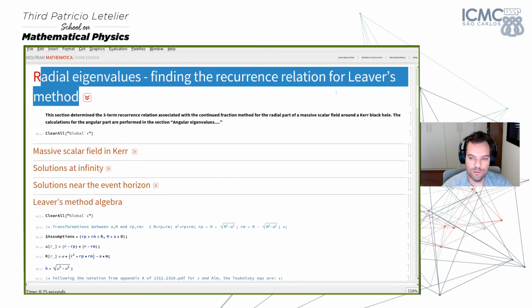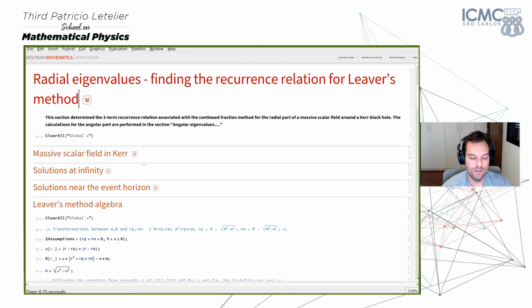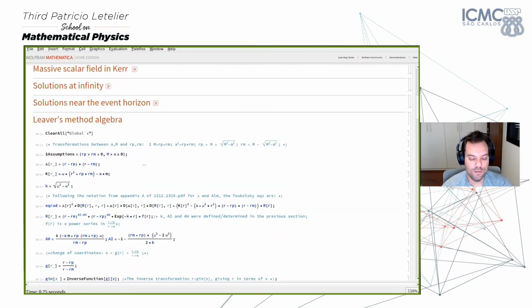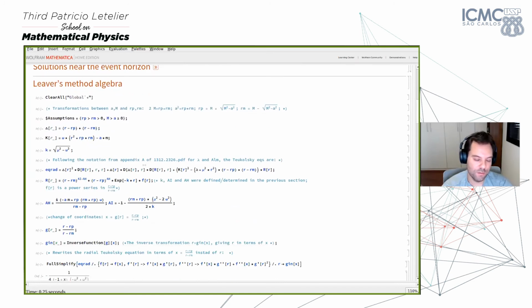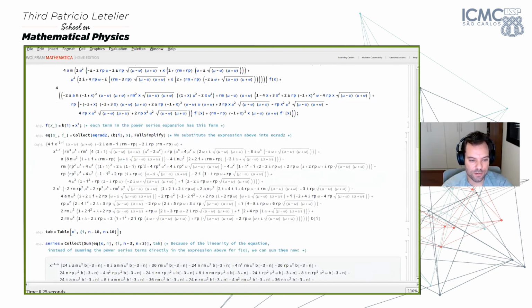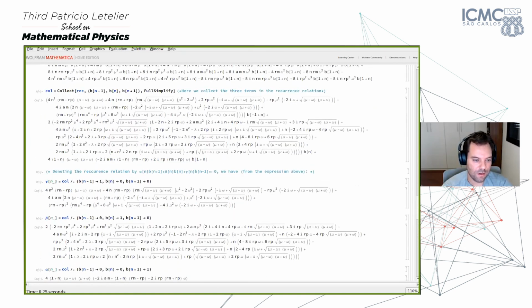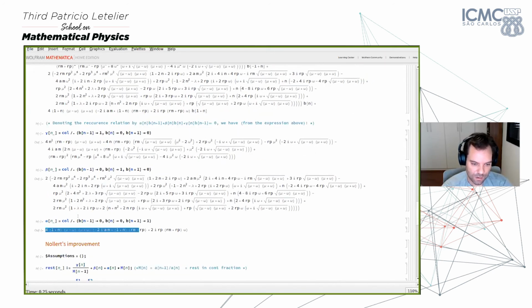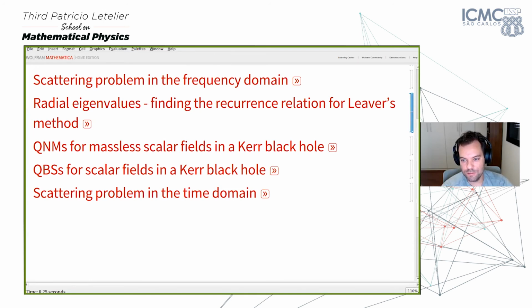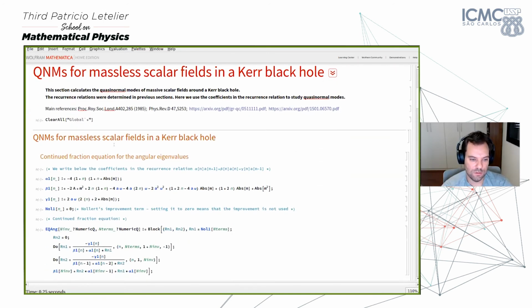Basically what we do here is we make the separation. We perform the continued fraction algebra. We plug in the ansatz and find the recurrence relations. In the end, we find just the alpha, beta, and gamma coefficients. And then using these coefficients, we calculate the quasi-normal modes.